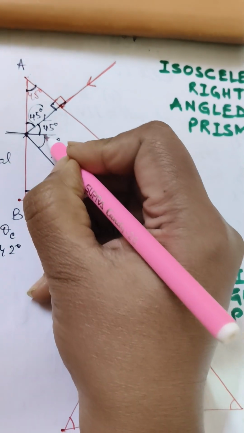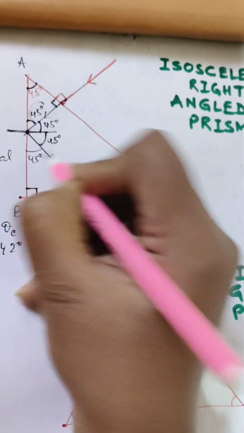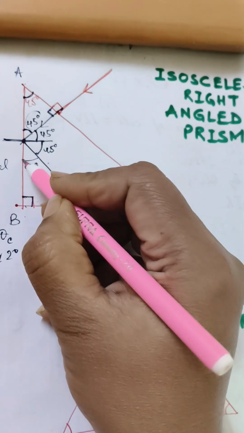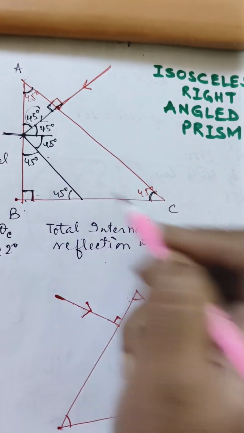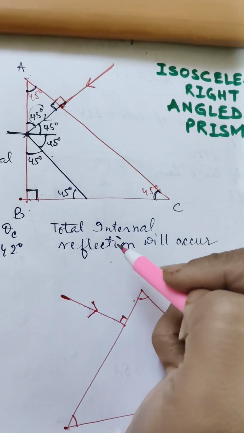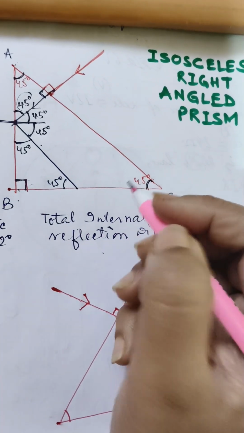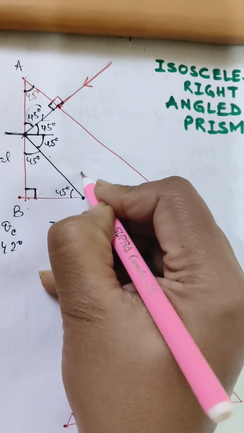Now, if this is 45 degree, this is the normal, this angle again has to be 45 degree, isn't it? So this is 45 degree, this is 90 degree, again this is 45 degree, since the sum of internal angles of a triangle is 180 degree. At this point, again you have to draw the normal.